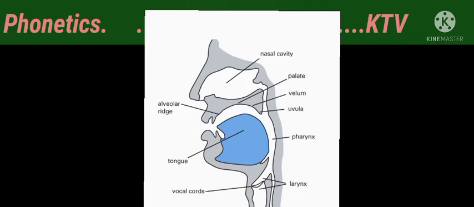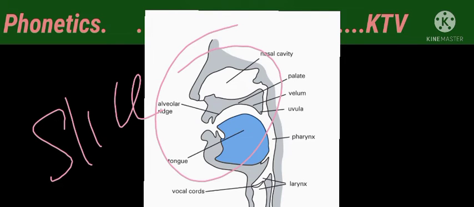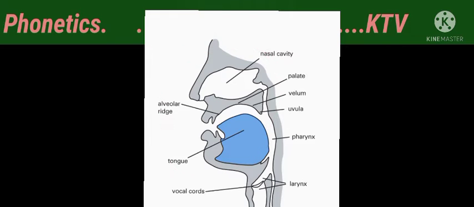What we need is a slice of head. If you cut a head right down the middle, you will be able to see what parts of the oral cavity are crucially involved in speech production. To describe the place of articulation of most consonant sounds, we can start in front of the mouth and work back.